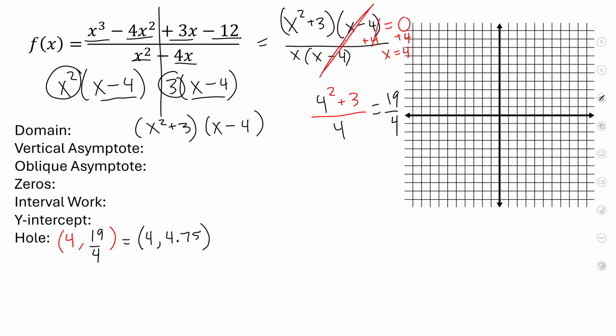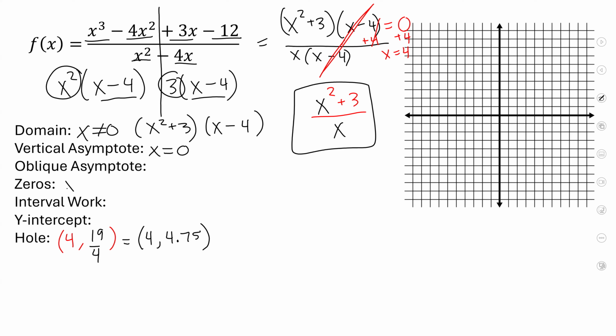Okay, now looking at our new equation, we can answer the rest of these questions except for the oblique question. So this is the new function we're looking at. So guys, what can my domain not be? Cannot be 0. That means I have a vertical asymptote at x equals 0. Okay, my zeros.